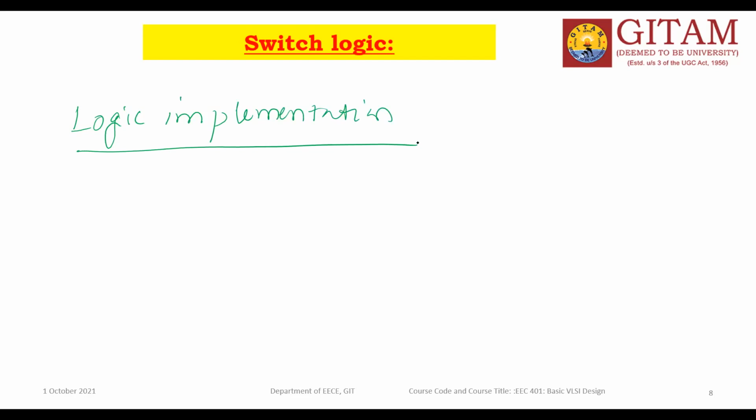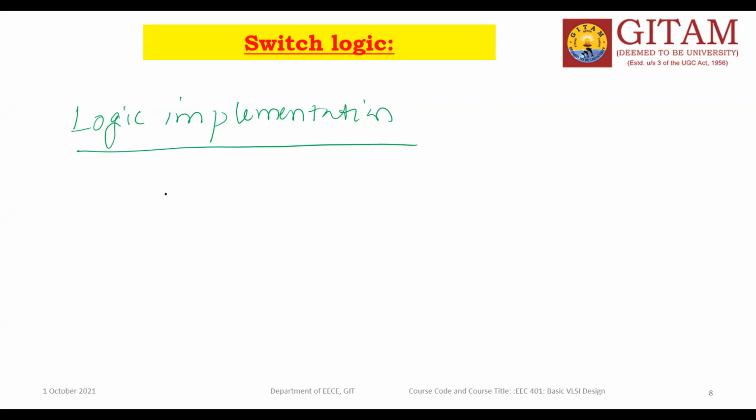When designing digital circuits with MOS technology, there are 2 basic approaches in building logic circuits. Logic means what? Either high or low. So when you are designing digital circuits with MOS technology, there are 2 basic approaches in building the logic elements or circuits.